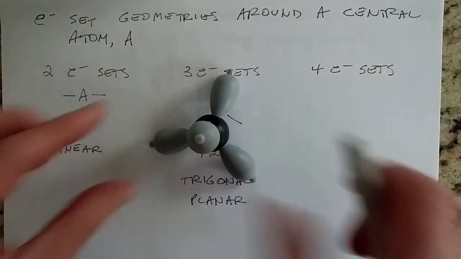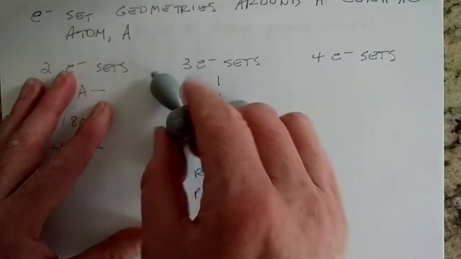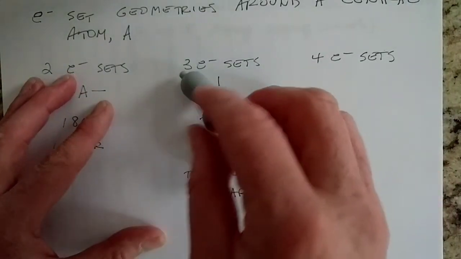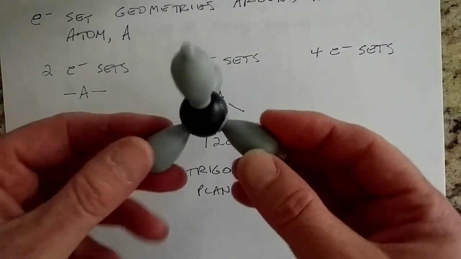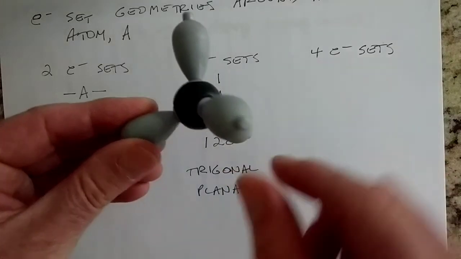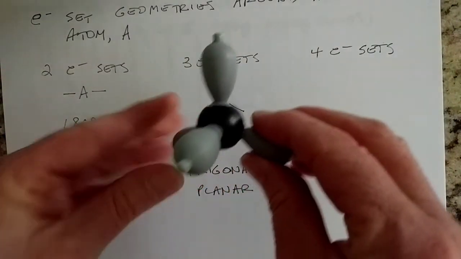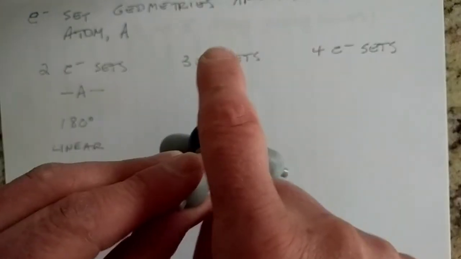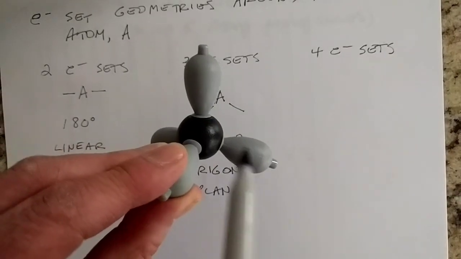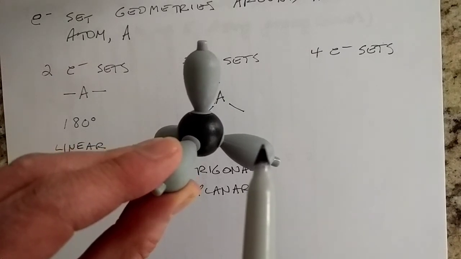So we'll show you what it looks like first. So it looks like this. And we can turn this in any direction and it still ends up the same. So we have three sets, making a triangle on the bottom, and then we have one set sticking up from them. So three are below the atom, and we have one set sticking up. And if we look at this angle here, can you see that it is greater than 90 degrees? This angle is 109.5 degrees.